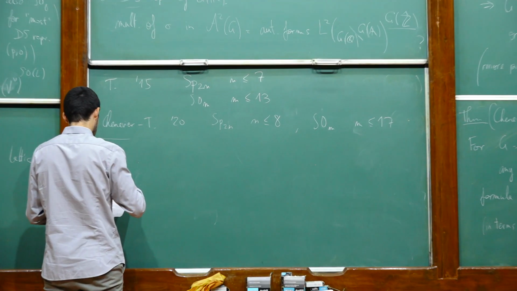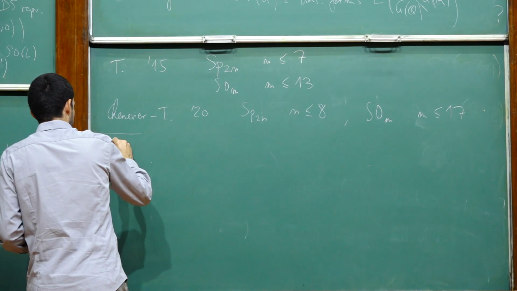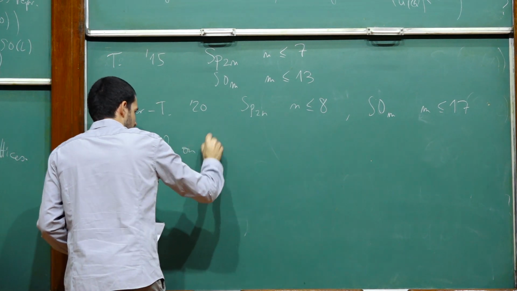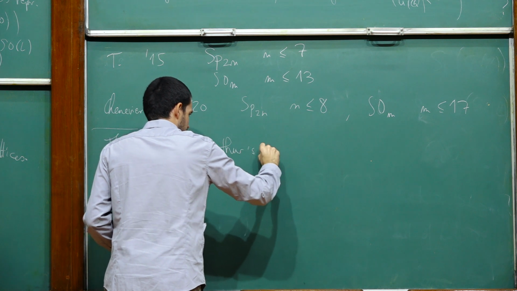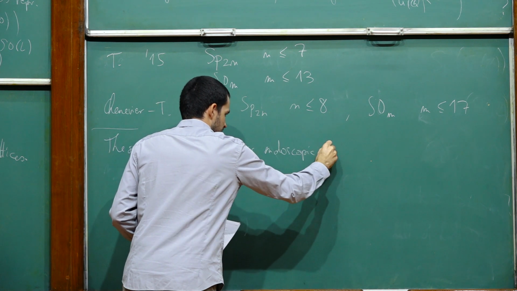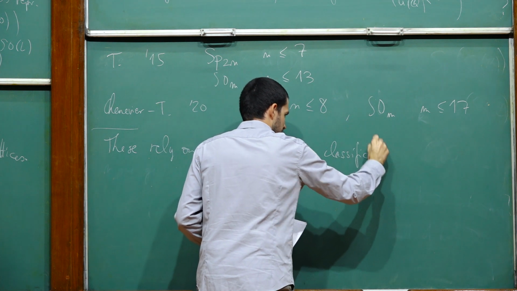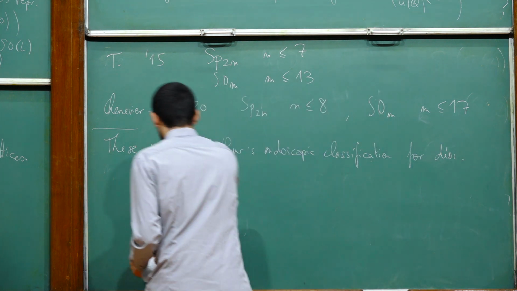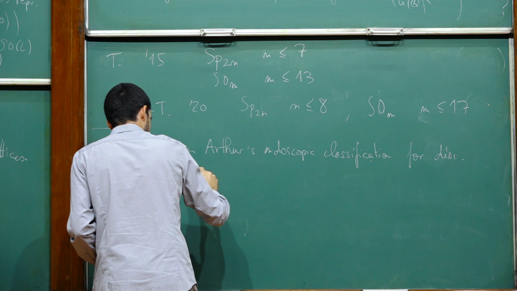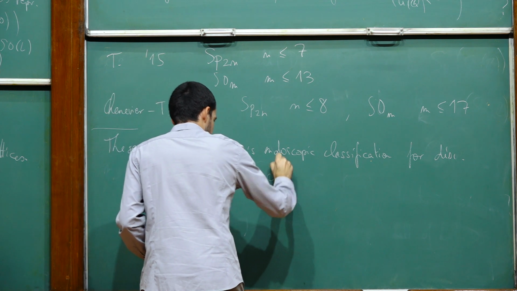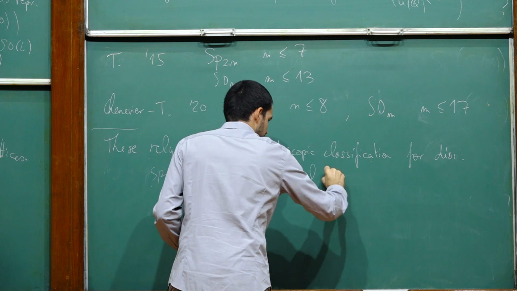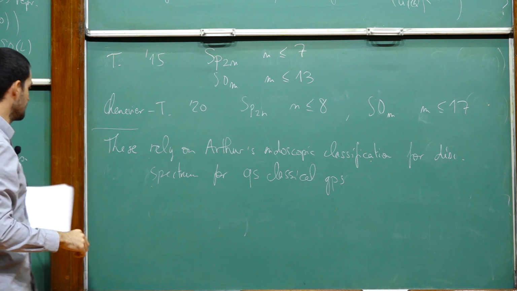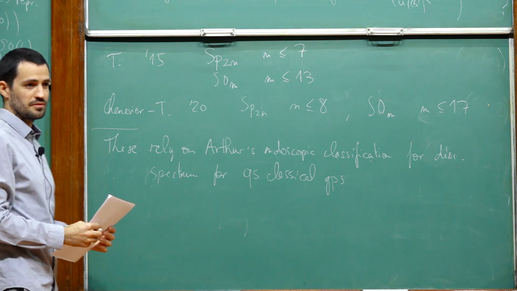And that's what I'm going to say right now. So these are results that rely on Arthur's endoscopic classification for the discrete spectrum for quasi-split classical groups, so in this case split, and the extension that I checked for certain inner forms which cover all these SO_M's.